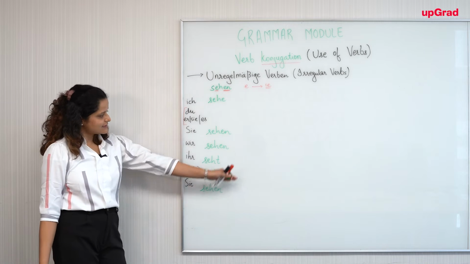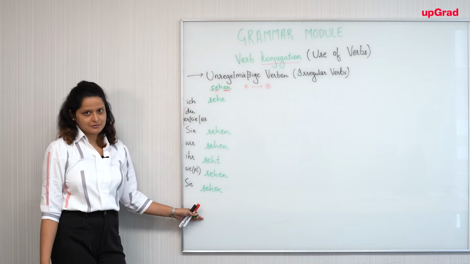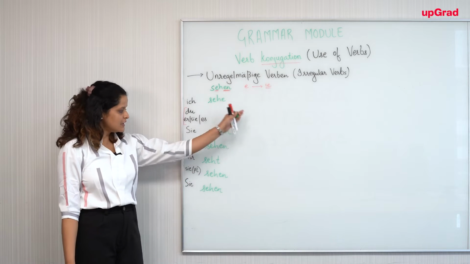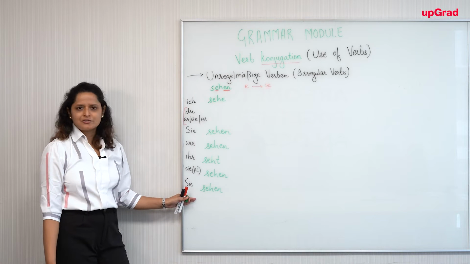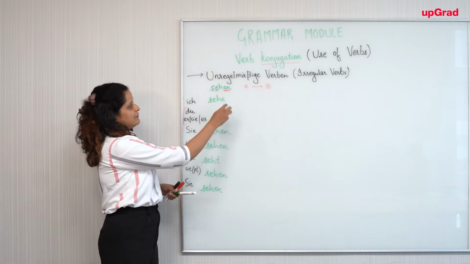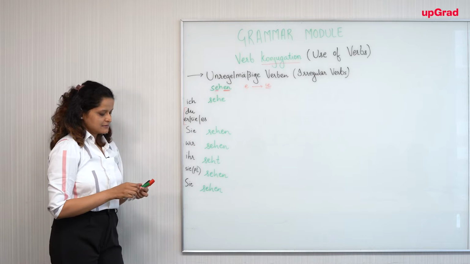So, if you look at the rest of the conjugation, this is absolutely similar to what we have learned so far. So, even though we say that yes, the verb is irregular, the rest of this conjugation has no effect. The only place where we have to change this e to ie is for these 2 places.